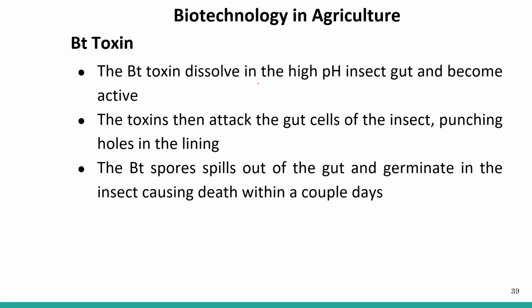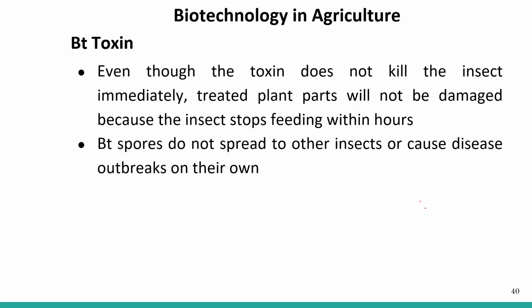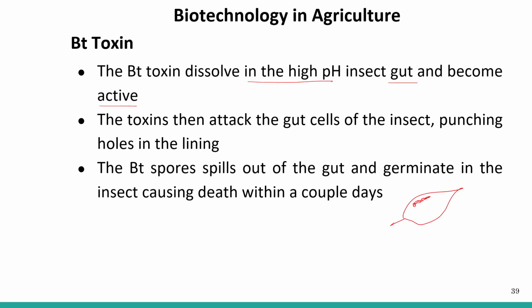The Bt toxin dissolves in the high pH insect gut and becomes active. So when the cotton leaves are eaten by the worms, they take that part of the leaves, and when it gets into the intestine of this worm, what happens?